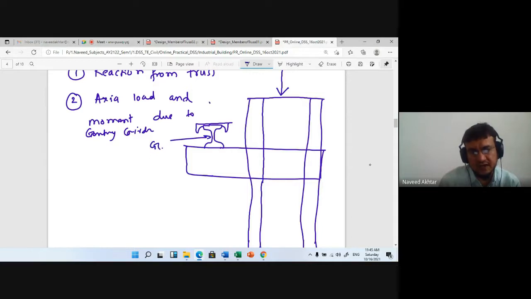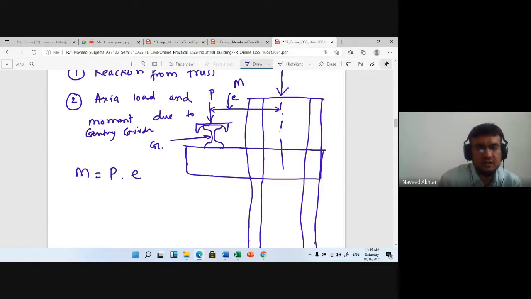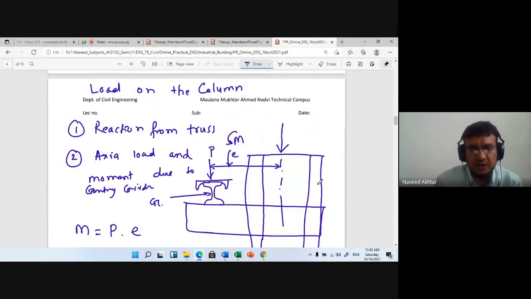So the load of the gantry girder has an eccentricity, so moment is also generated. The actual load of the gantry girder is added, and the moment you know is load into eccentricity. So you have to find out the axial load and moment.